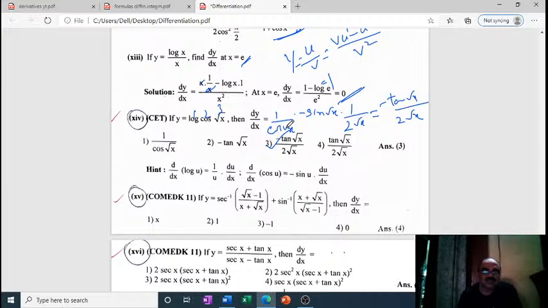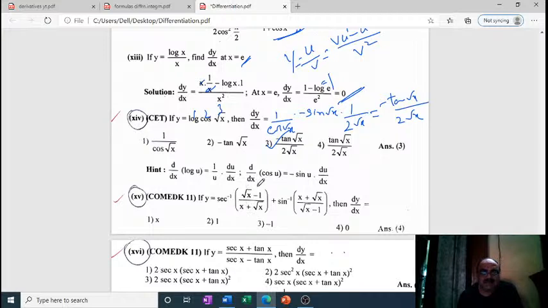Next. This is a sum which you have already done, but you need to think a little while doing this sum. Y equals secant inverse of root x minus 1 by x plus root x plus sine inverse of x plus root x by root x minus 1.